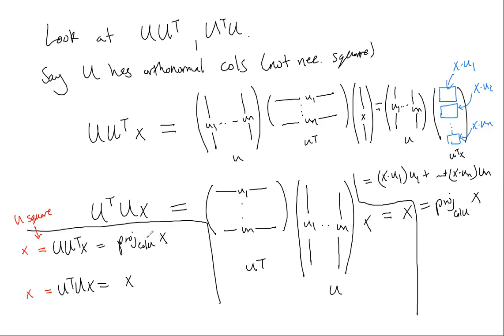Well, it does, because since u is square, you have n orthogonal vectors, which are then linearly independent in Rn. So the columns of u are a basis for Rn. So if you're projecting a vector onto just Rn, you should just get the vector itself, x. So this kind of makes sense.